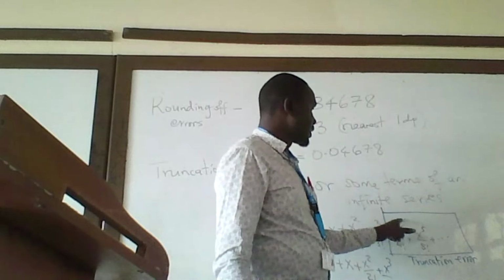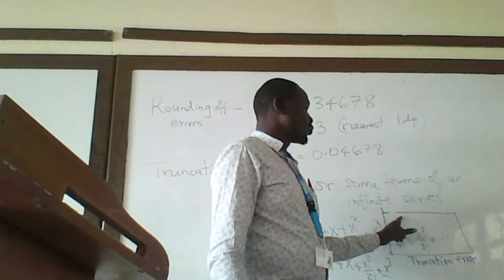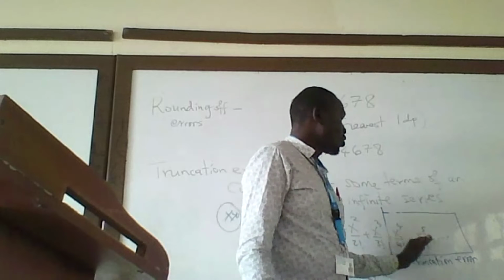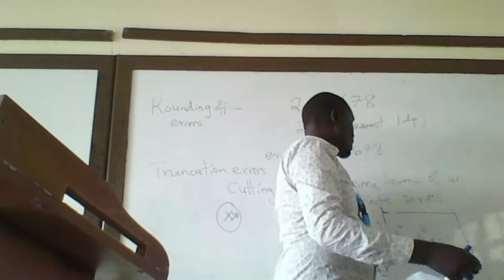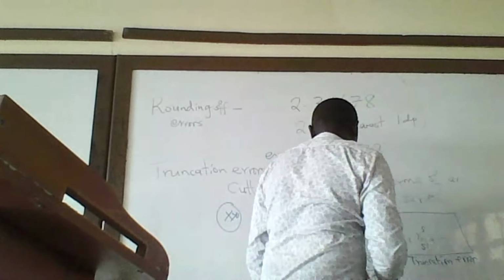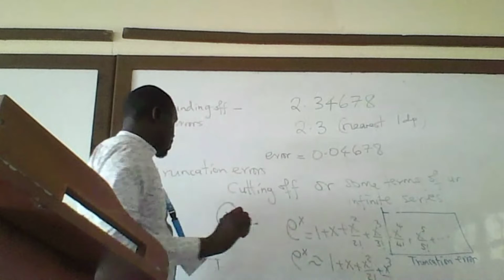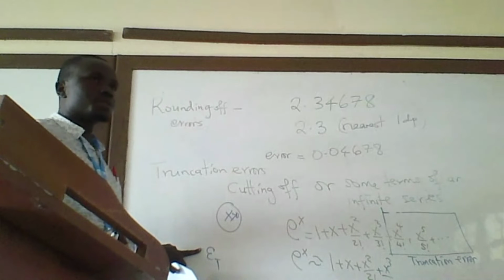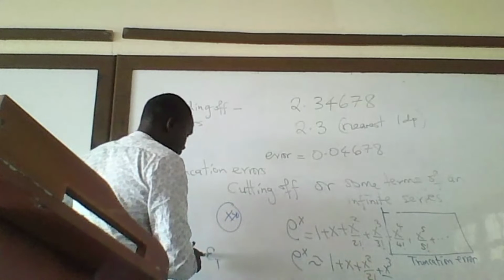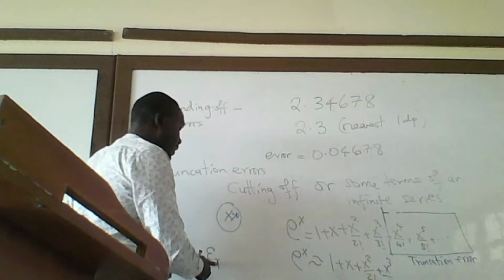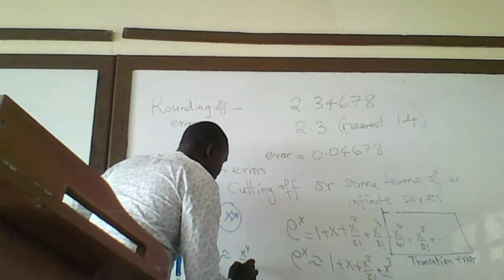So this will be the most dominant term. So in most cases, to compute the truncation error, because we cannot list all these infinite terms, we just pick the dominant term. So epsilon in this course will be the notation we use for error. So epsilon sub t, which means truncation error, will be approximately x power 4.